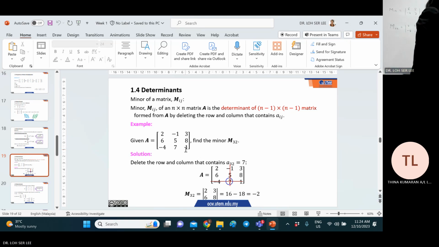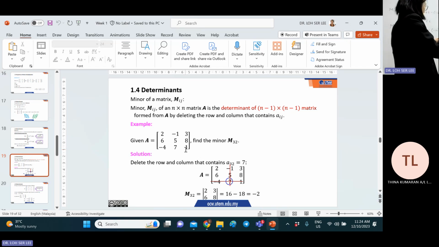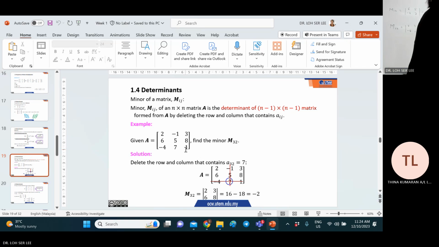Come again? Is it possible for a 2 by 2 matrix? Then you will get just one value. You just get one value.